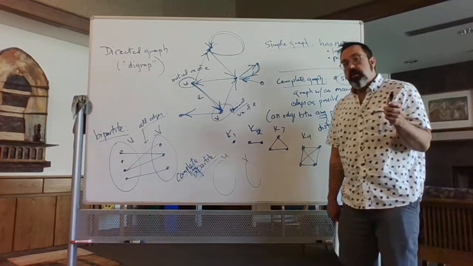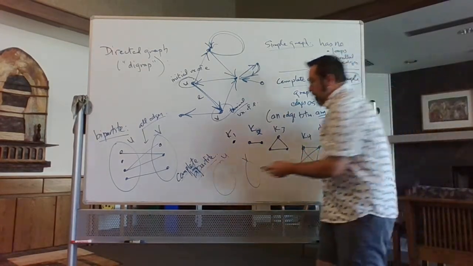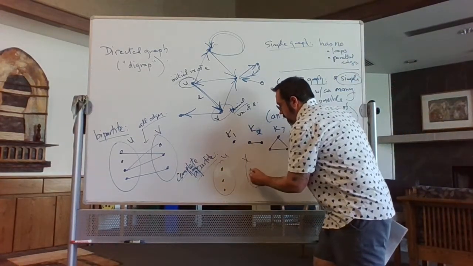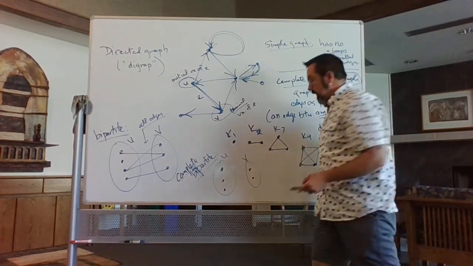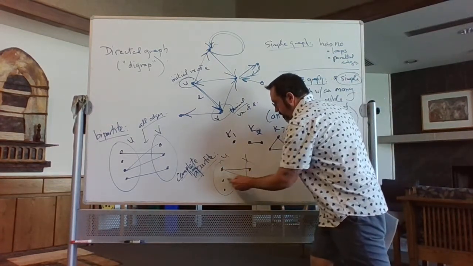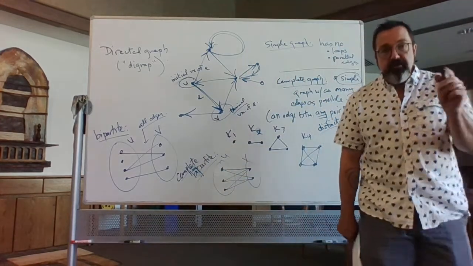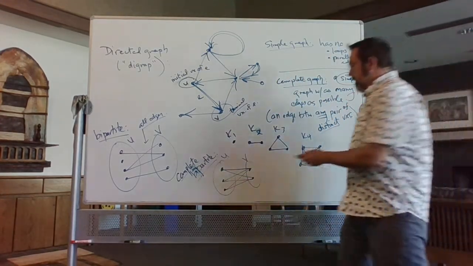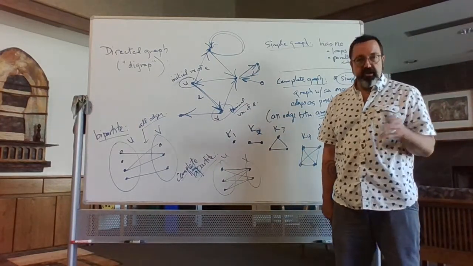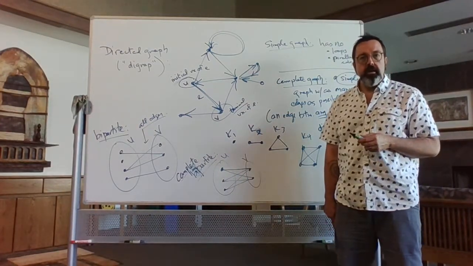But in a bipartite graph, you're only allowed to put the edges between a vertex in U and a vertex in V. But what I want for a complete bipartite graph is that you have as many edges as possible, which means every vertex in U is connected to every vertex in V, is adjacent to every vertex in V. Does that make sense?